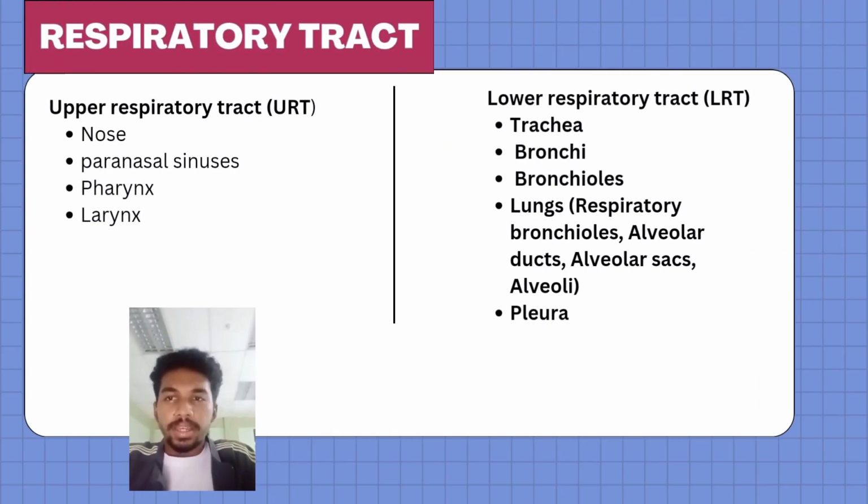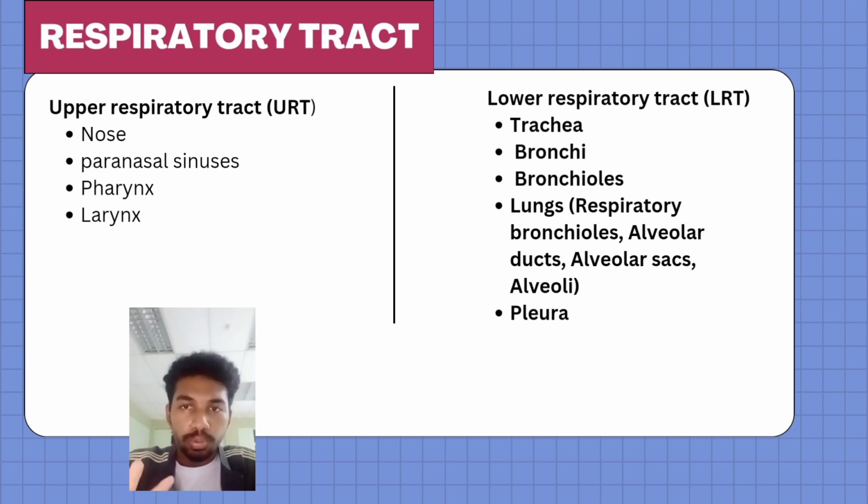In the respiratory system, there is also the respiratory tract, which is how the air from the outside environment enters our lungs when we inhale. So which are the tracts? Now we will go through that.